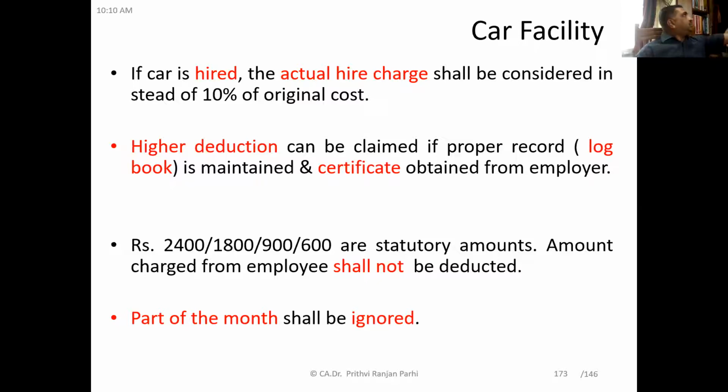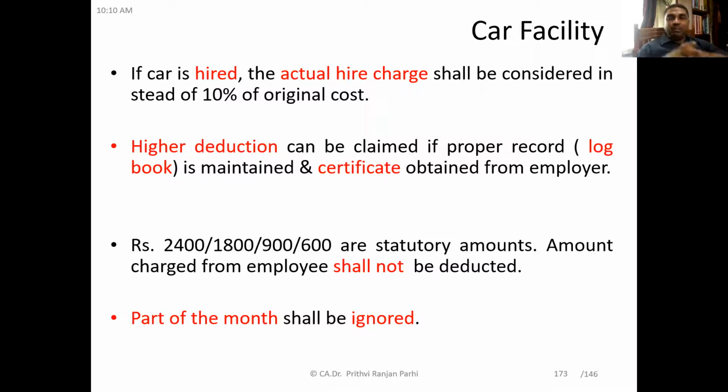Okay, friends. Yes, sir. Now one more thing. If employee is maintaining a logbook, if a proper logbook is maintained, then higher deduction can be claimed. Higher deduction can be claimed if proper record, that is logbook, is maintained and certificate is obtained from employer.